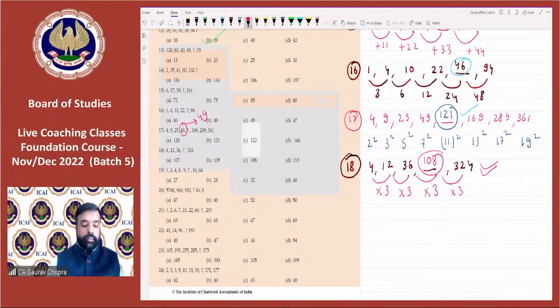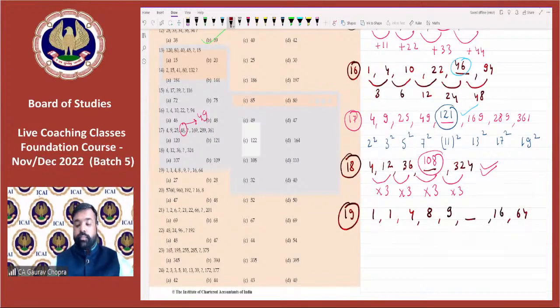All right. Then the 19th: 1, 1, 4, 8, 9, dash, 16, 64. Now see, 1 and 1 both are the same, 4 and 8, 9 and dash. So here, if we recall the squares and cubes, then we can get the answer.